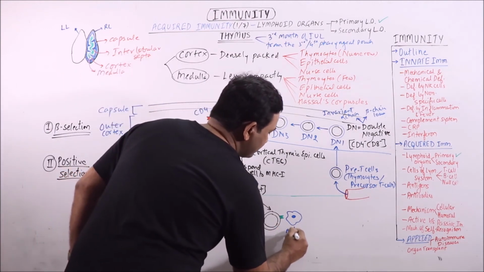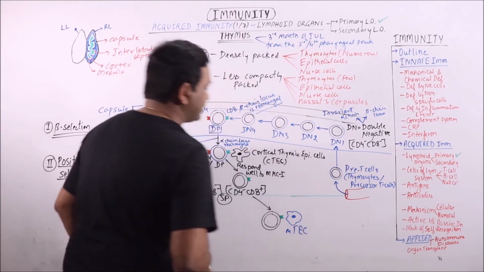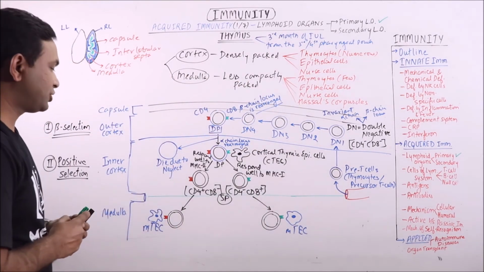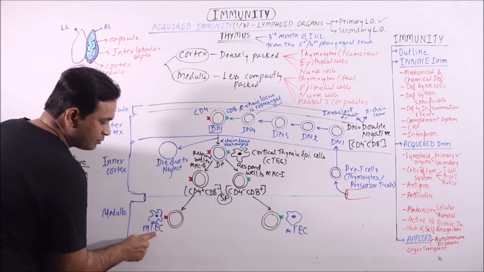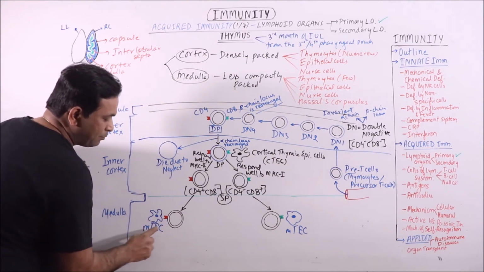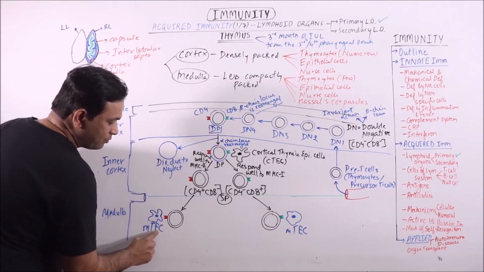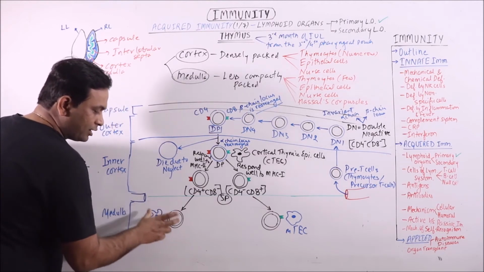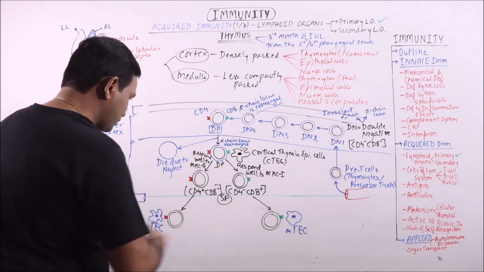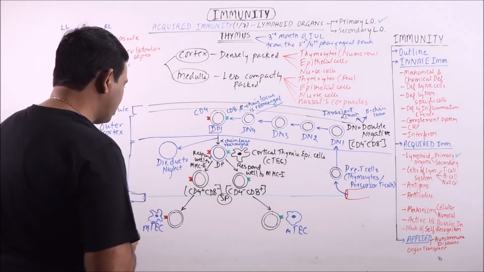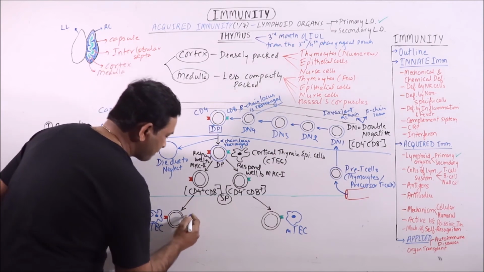These are medullary thymic epithelial cells. Now this interaction with the self antigens on the MHC molecules of the mTEC cells, that is medullary thymic epithelial cells, will result in three fates. There will be three fates in case of both CD4 and CD8 cells.